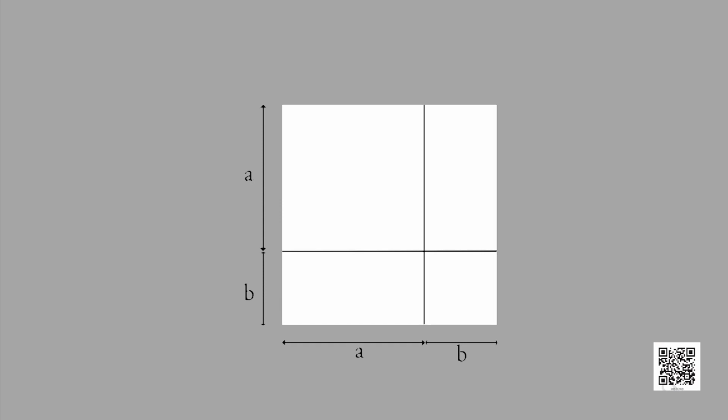Let us see the geometrical representation of the identity (a plus b) whole square is equal to a square plus 2ab plus b square. Here is the square of length a plus b. Can you guess what its area is? Its area is (a plus b) whole square. We shall now cut this square into 4 parts as shown in the figure.